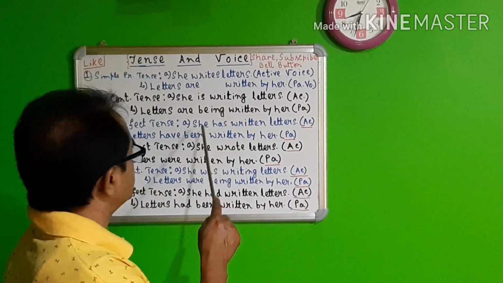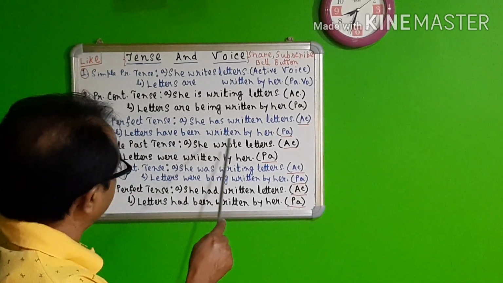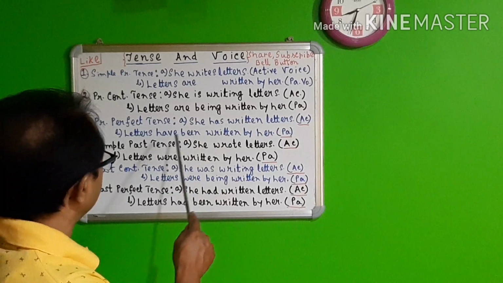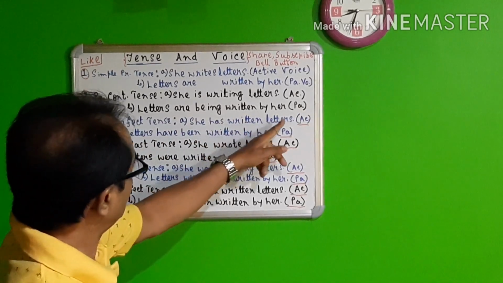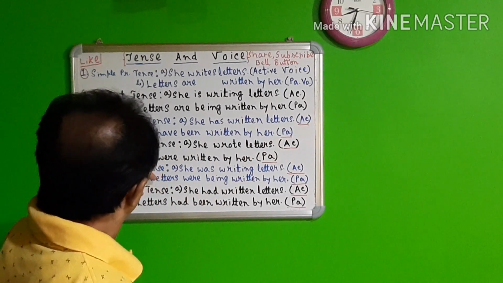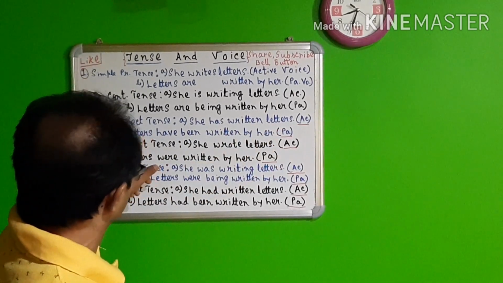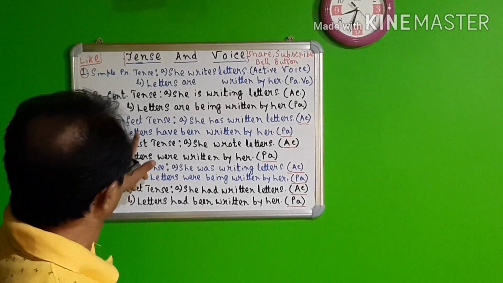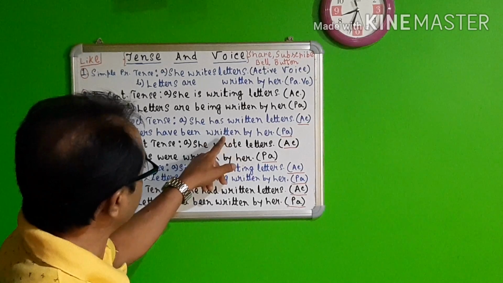Has is used because there is she. In passive voice, letters have been written by her. You have to bring been here. Subject has V3 object. Here object letters was at the end of the sentence, now letters has come at the beginning of the sentence. Letters, this is plural, so have been written by her.